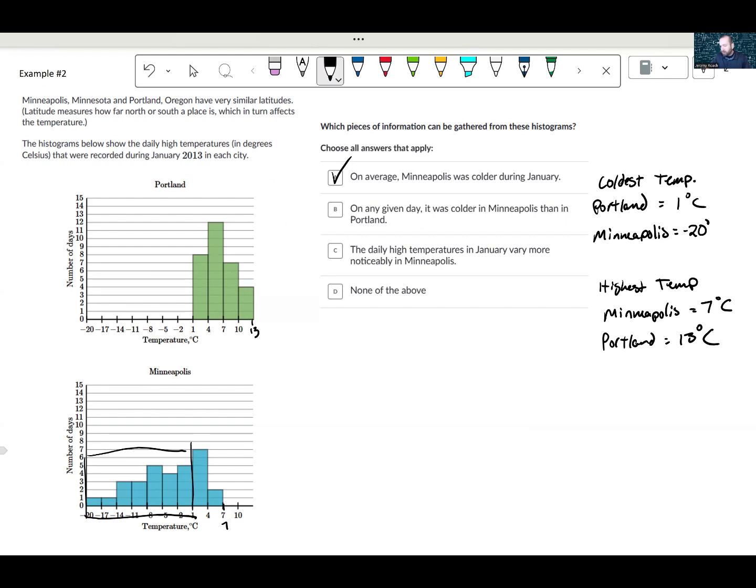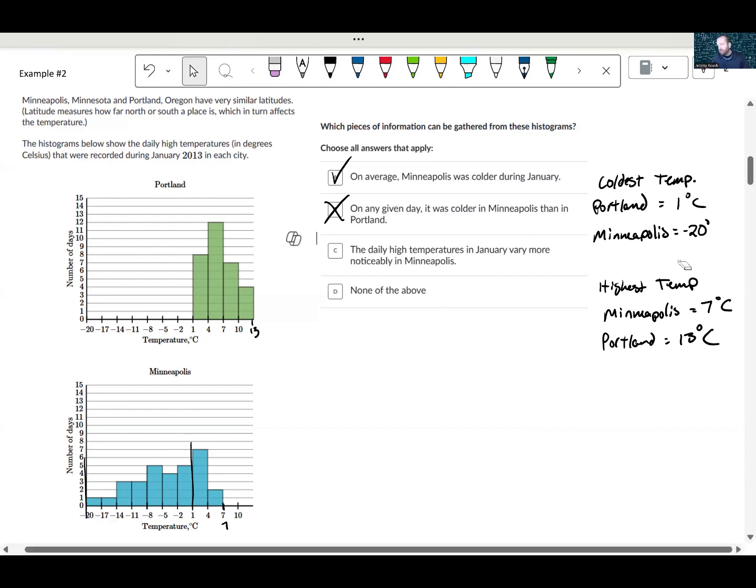But from 1 to 7 degrees in Minneapolis, we also have temperatures ranging from 1 to 7 degrees in Portland. So the key takeaway from this is that there is overlap. So on a given day means every single day it was more or less, in this case, colder in Minneapolis. So this is false. There is an overlap on our graph.